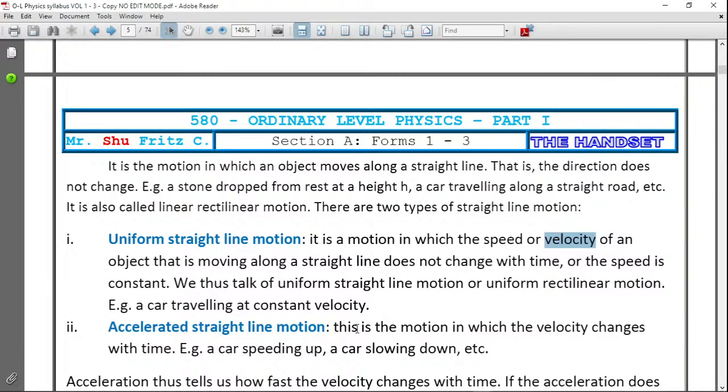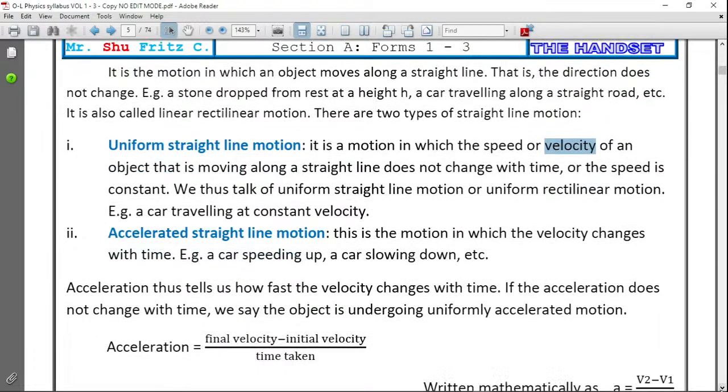So the acceleration can either be positive or negative. It will be positive if the object is speeding up, or negative if it is decelerating. So linear motion is either uniform straight line motion or accelerated straight line motion.